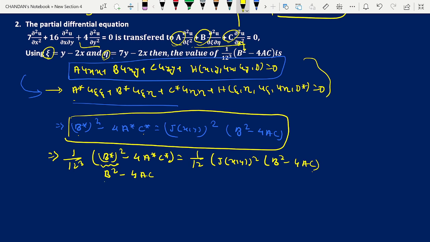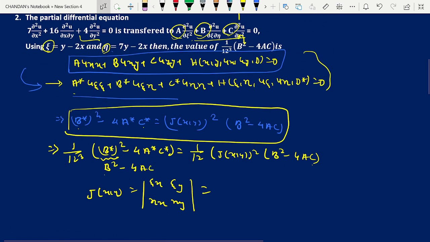Firstly we find the Jacobian. The Jacobian matrix is equal to xi x, xi y, eta x, eta y. Then we get the determinant equal to 12k.